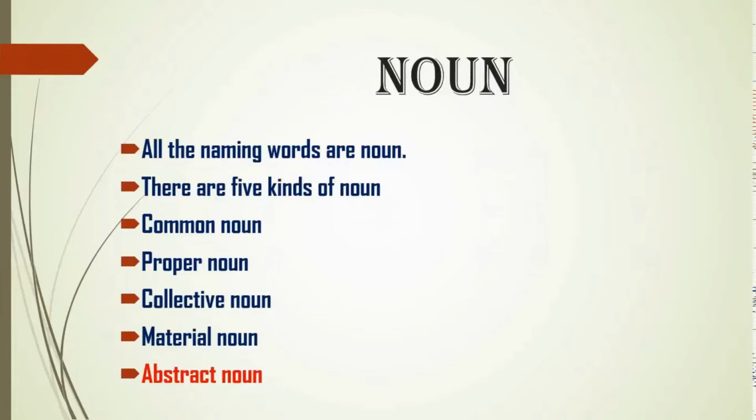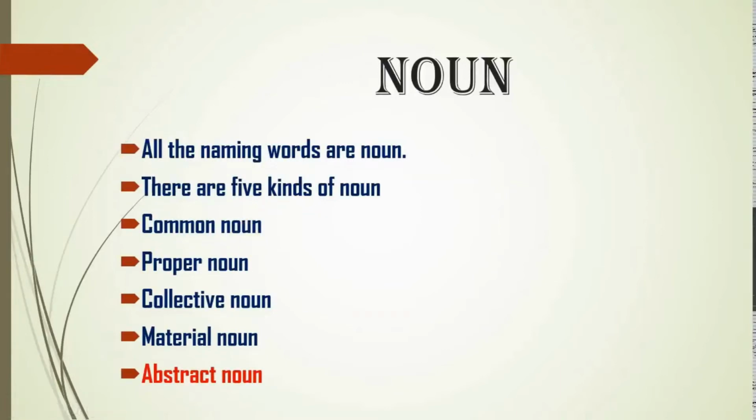The first is common noun, then proper noun, collective noun, material noun, and abstract noun. You can see here all the 4 nouns are in blue color, but abstract noun is in a different color. The reason is these 4, common, proper, collective, and material, are called concrete nouns.